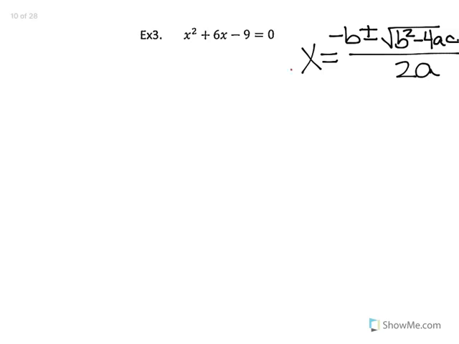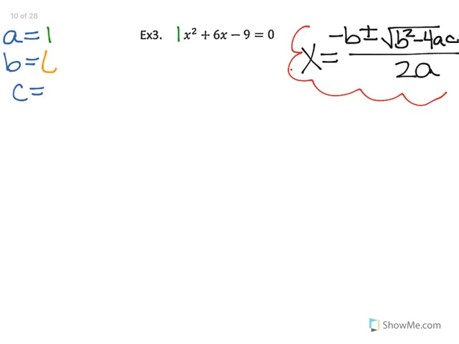Okay, now we're going to use that formula, but first we're going to have to figure out what's a, what's b, and what's c. So a is again 1, the number in front of x squared, b is 6, and c is negative 9.